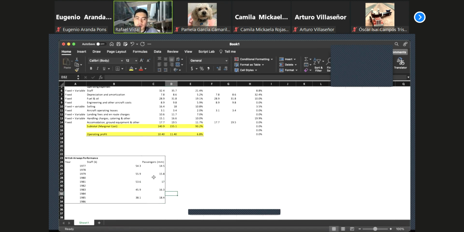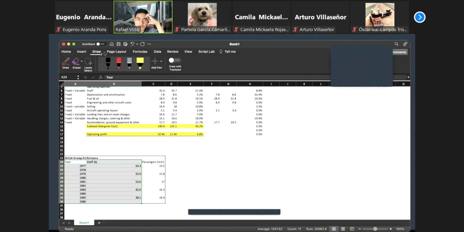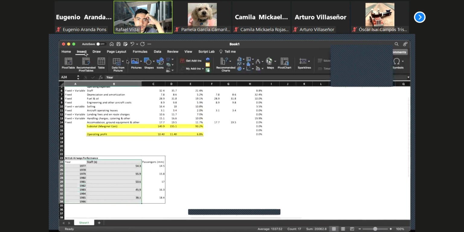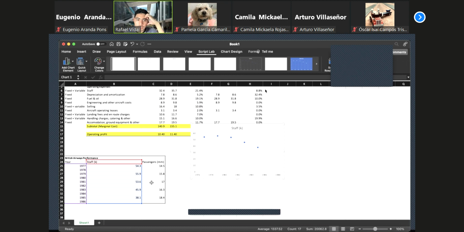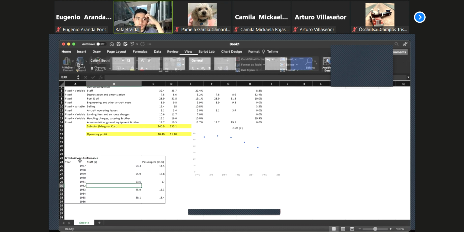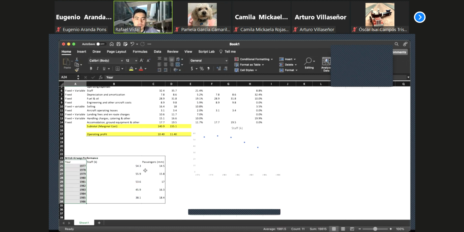So I'm going to graph each of these. I'm going to graph the staff per year, and insert a graph. I'm going to use scatter. And I'm going to use scatter as well for the passengers.